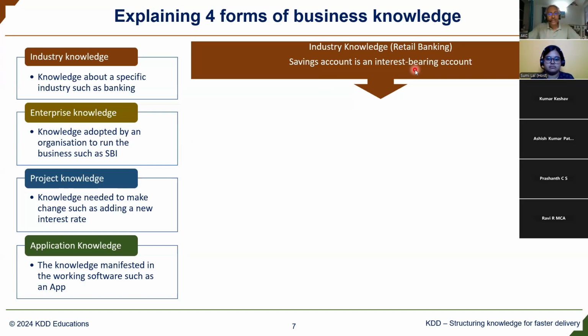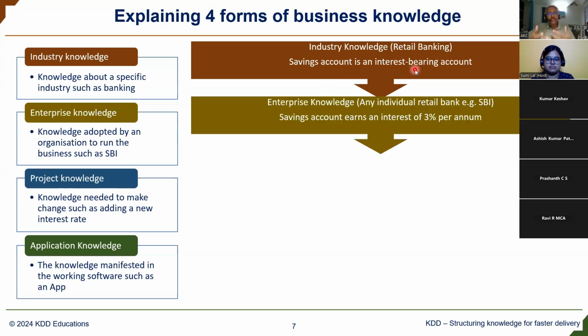How do we take it to enterprise knowledge? Take the example of SBI. Now, industry knowledge says it will be an interest-bearing account, but it doesn't mention how much interest you have to pay or at what frequency you have to pay.